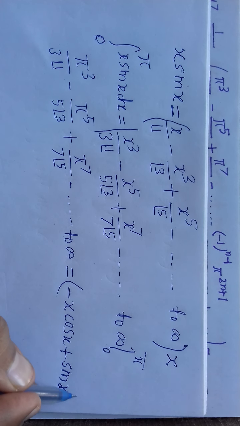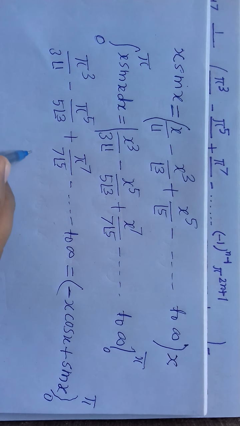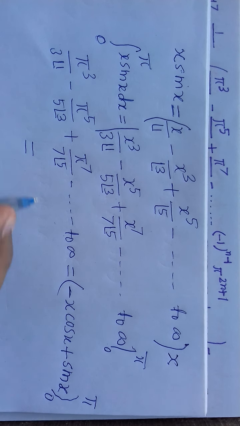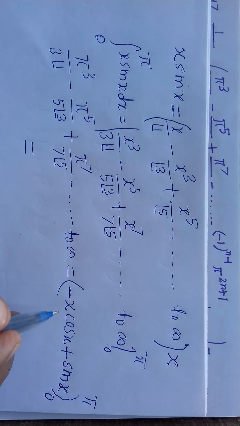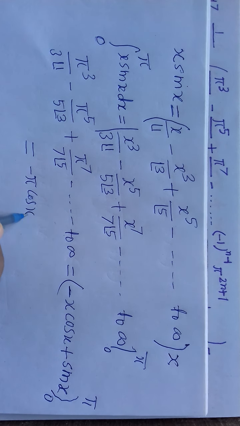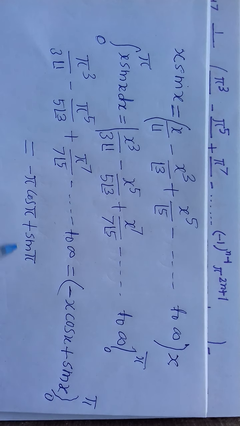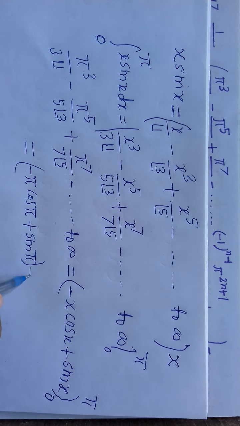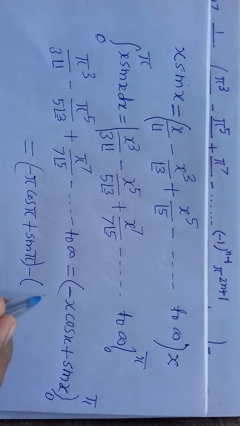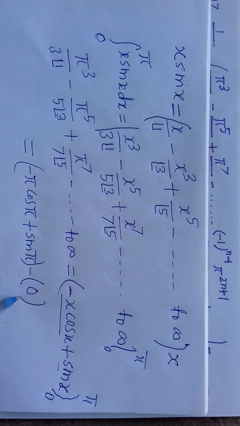Now putting the limit 0 to pi, putting pi, this will be minus pi cos pi plus sin pi, and a minus sign, thereafter we have to put 0, which makes this 0 and this also 0, so 0.